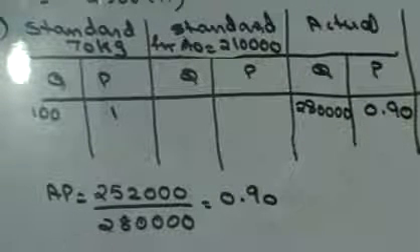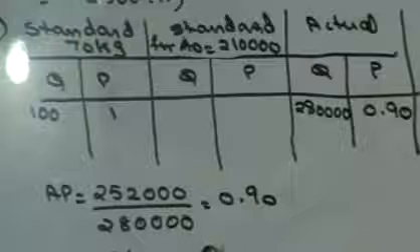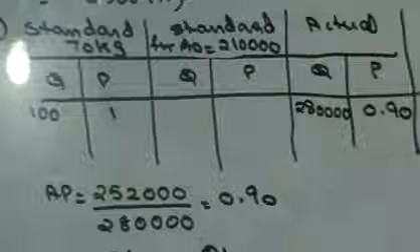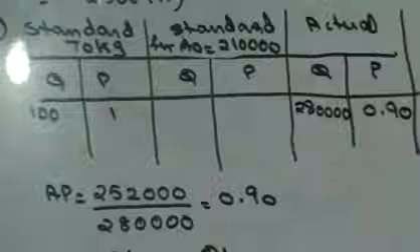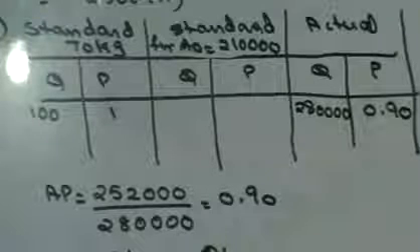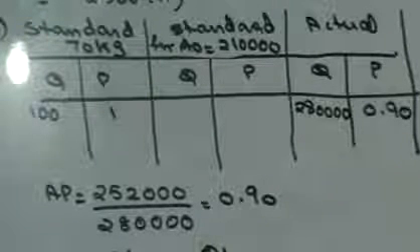Now, output quantity. For 70 kgs of output, 100 kgs of input is required. The actual output is 2,10,000 kgs. In that case, what will the standard quantity be?